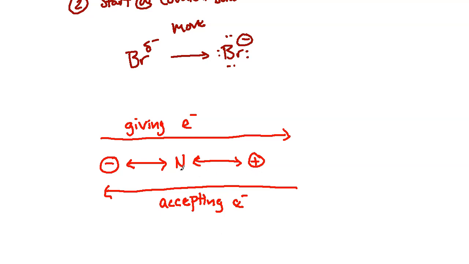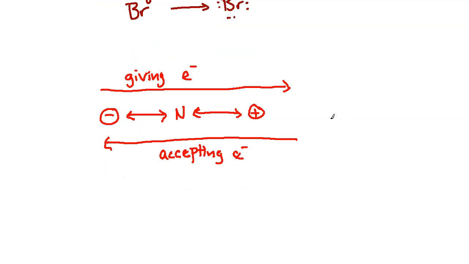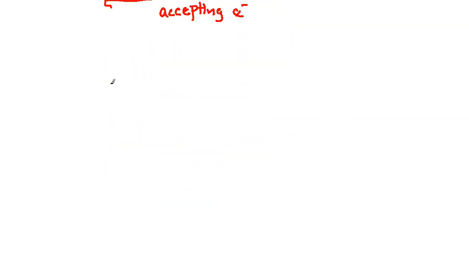And if something is neutral and it accepts electrons, it will need to become negative. All right, so that is the scale that slides back and forth, and you can see that in any example. So speaking of which, let's take a look at an example. And this time we'll take a look at HCl plus ethanol.